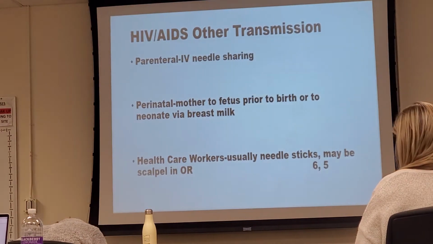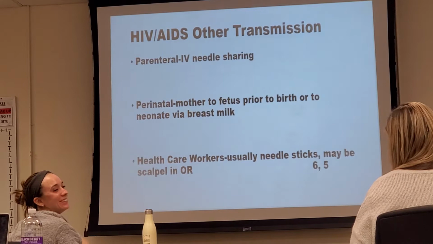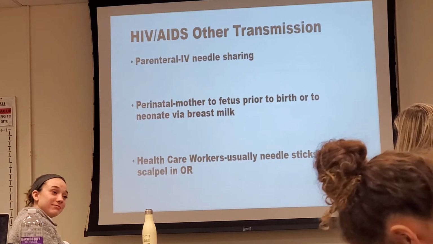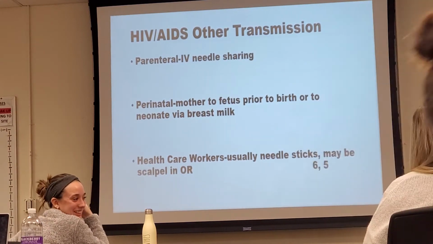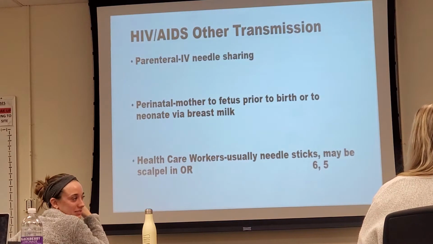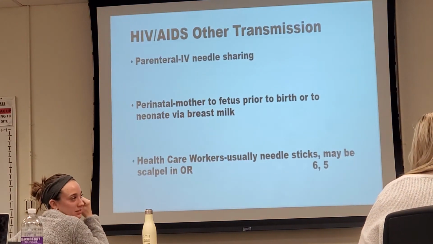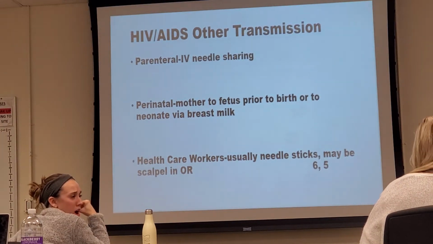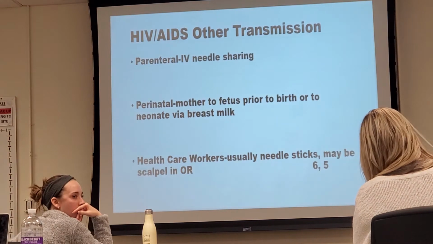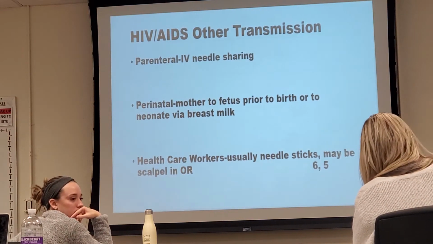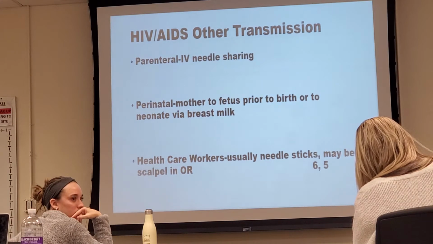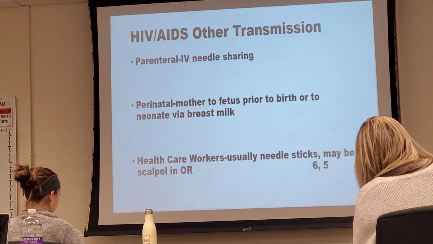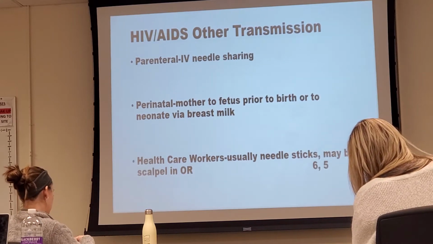Tenofovir is an NRTI, and then let me find my other one. There's also a chart in your book, on page 352, of the different drugs, and the third one is going to be rilpivirine.